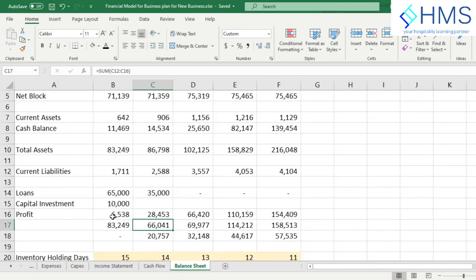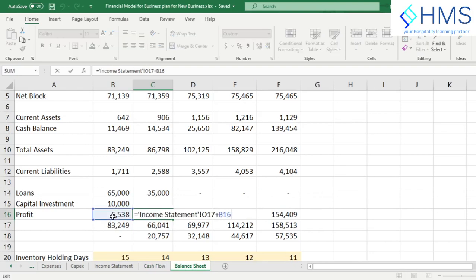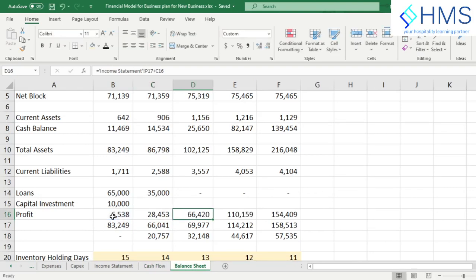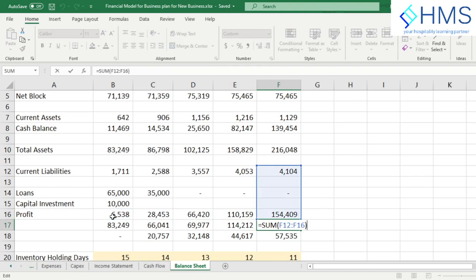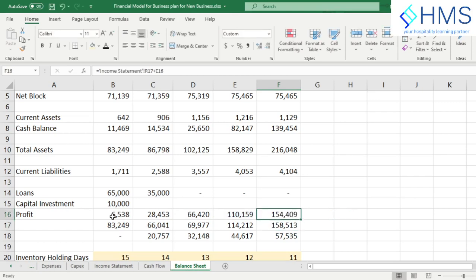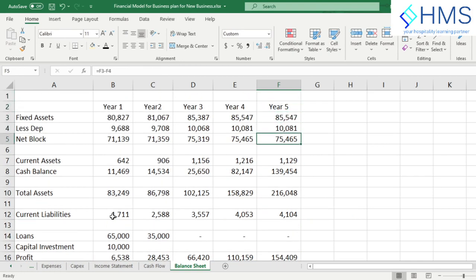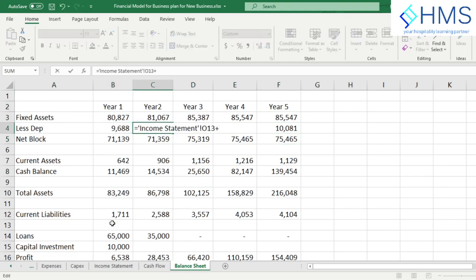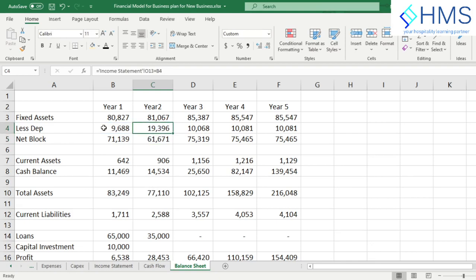Aha, the cash is similar. Let's see if they are making the same mistake or not. Hmm, there seems to be a similar mistake here because the depreciation is also only for one year, so it will be accumulative.